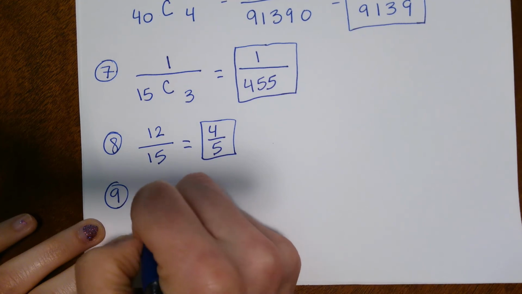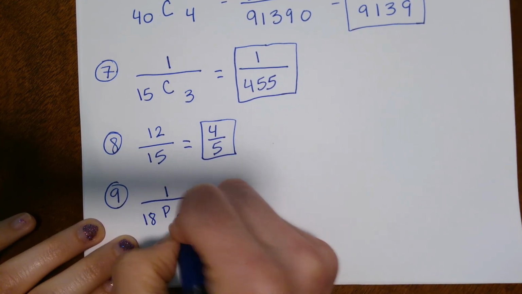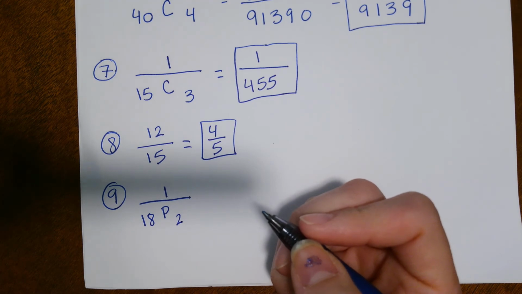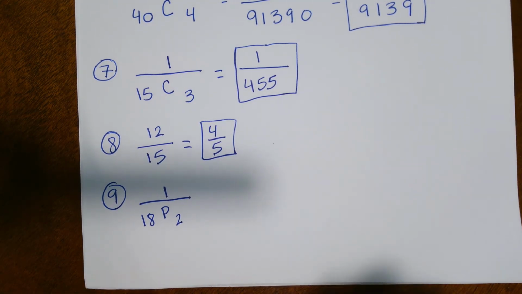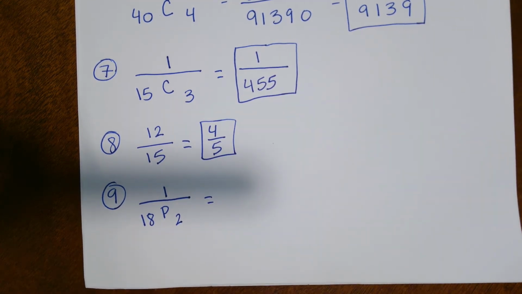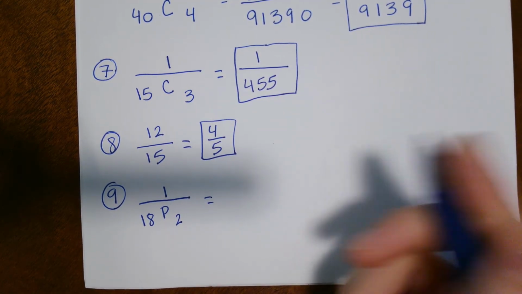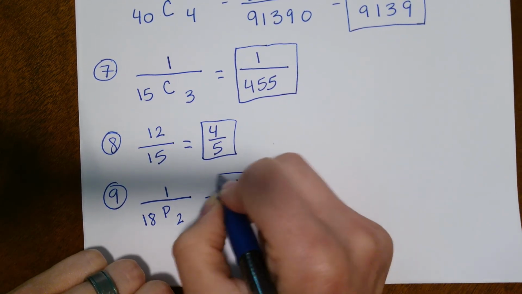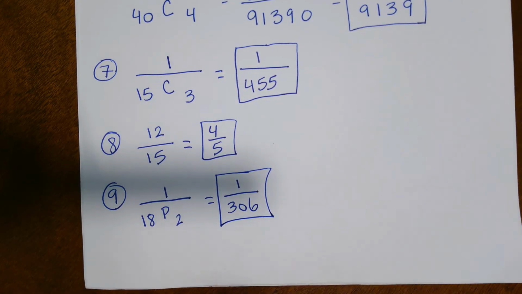So we're doing 18 permute 2. So again, formula, calculator, internet, what is 18 permute 2? The answer is 306. So we get 1/306. Already in simplest form.